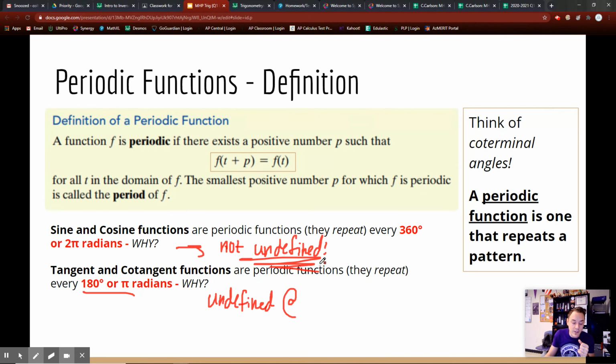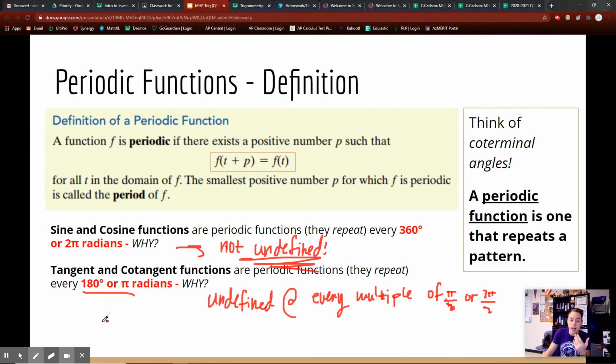They're undefined at every multiple of pi over 2, such as 3 pi over 2.